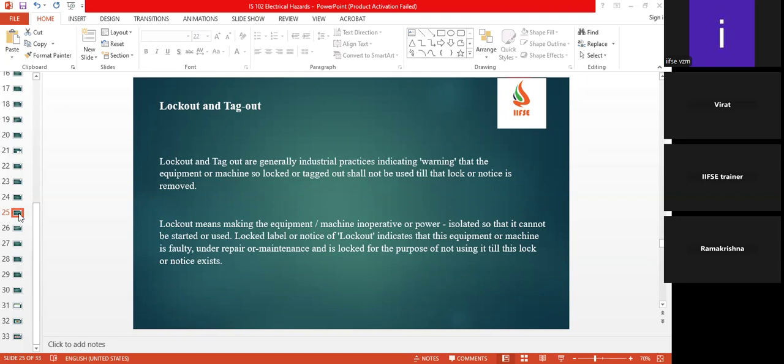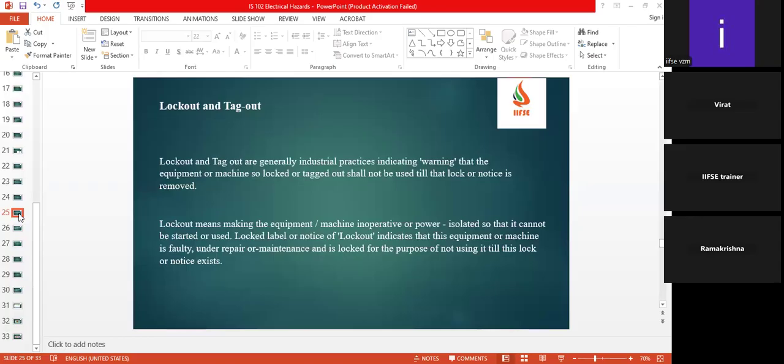Lockout means making the equipment or machine inoperative or power isolated so that it cannot be started or used. So when I say lock, it means you made it inoperative. You are not allowing that equipment to run.